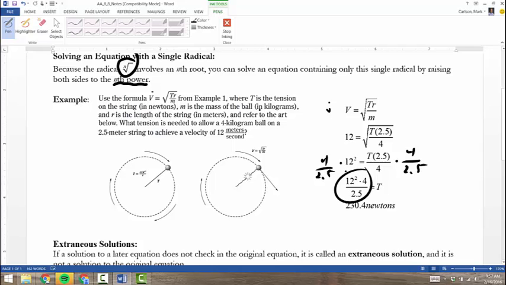That's where I'm getting this right here. Then I can simplify that, and we'll find that it's 230.4 newtons. So we're just solving for a variable that we don't know, knowing the other three, and utilizing what we know about solving equations with a single radical.